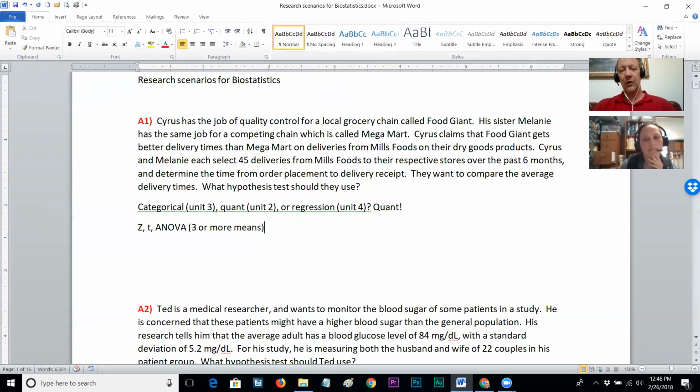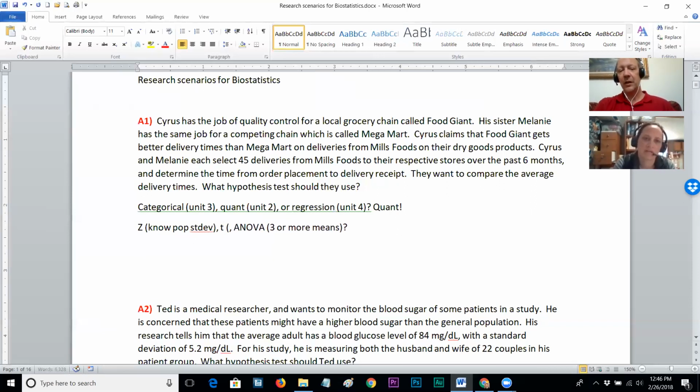What I'd like you to do is break it down as to which family of tests this should be. Just as a quick review, how would we know if it was a z-test? I think we would know the population standard deviation. Yes.